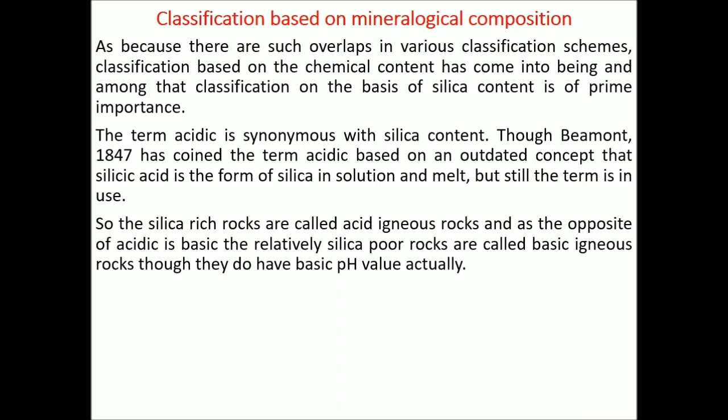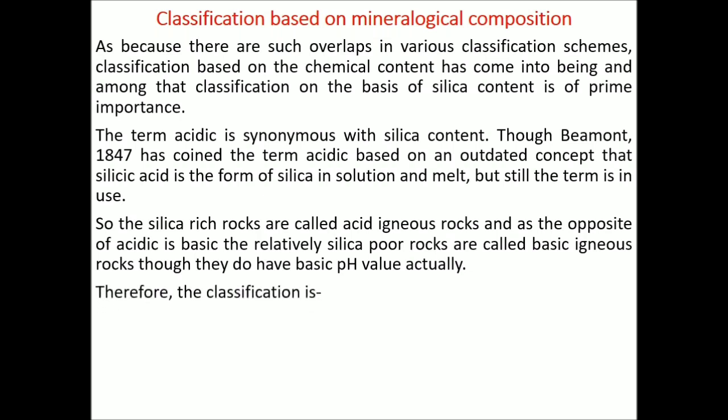Opposite to that, the opposite of acidic is basic. Silica-poor rocks, that is basalt, do not have a high pH value, which is the actual indicator of a base. But still, since silica-rich rocks are called acidic, silica-poor rocks are given the name basic rock.